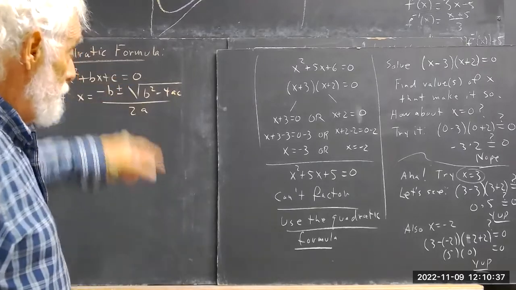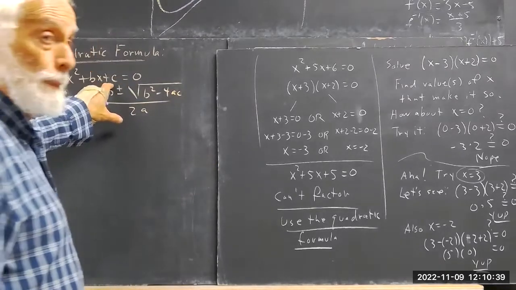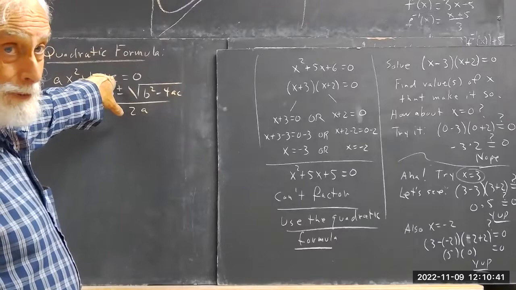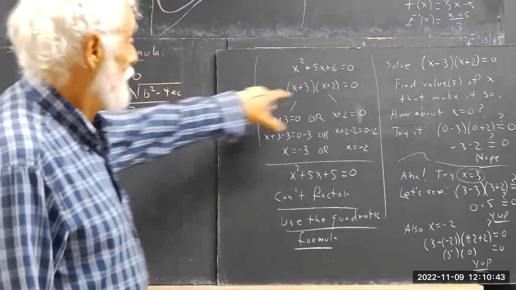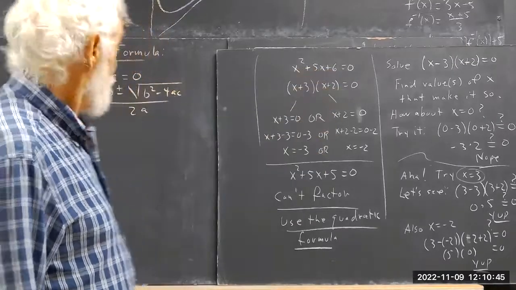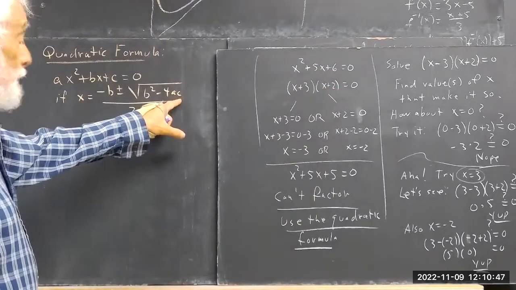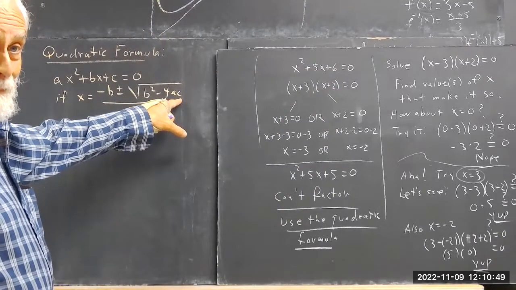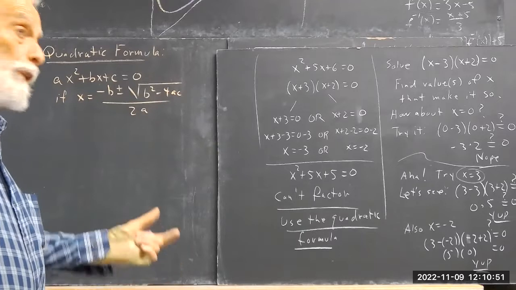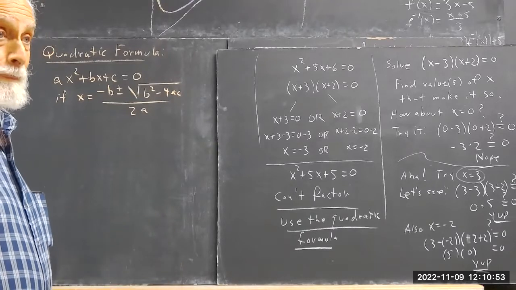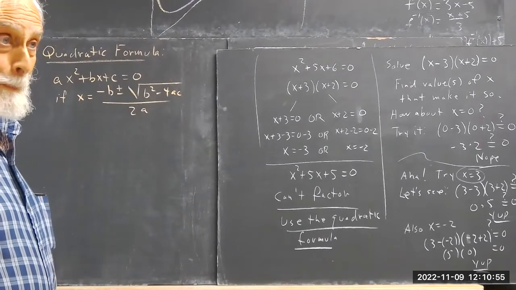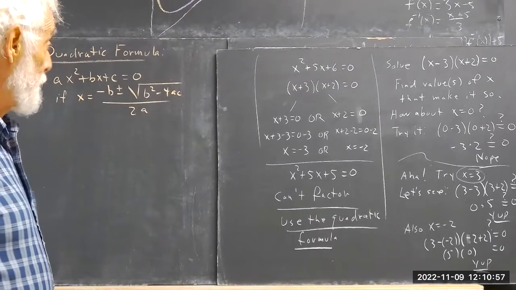And what's C? It's the number that doesn't have an x next to it. That's 6, so you're going to put 6 in for C. It only occurs once. And now you've got numbers here, and you just do what the numbers say. Fair enough?